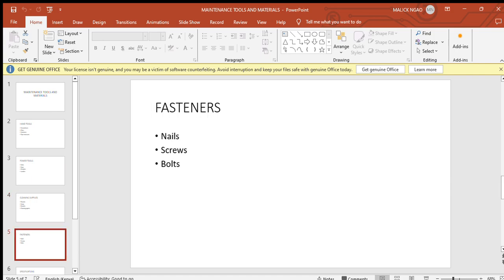Let's move on. We have the fasteners. As you are electrical engineers, you know these fasteners. Some of these fasteners. Who has an idea? Rails. Yes.